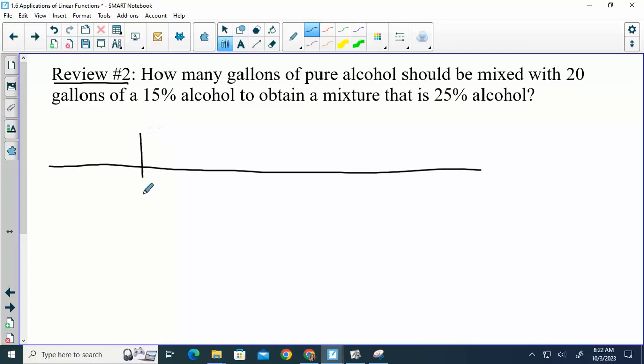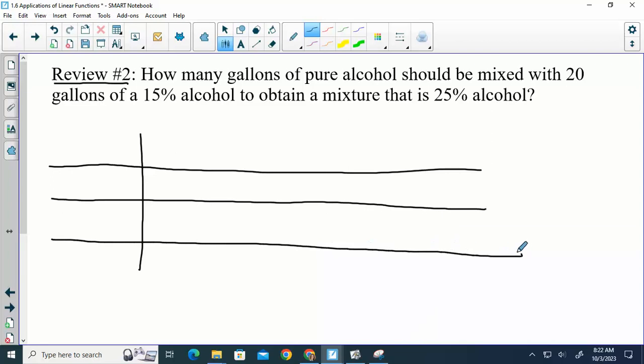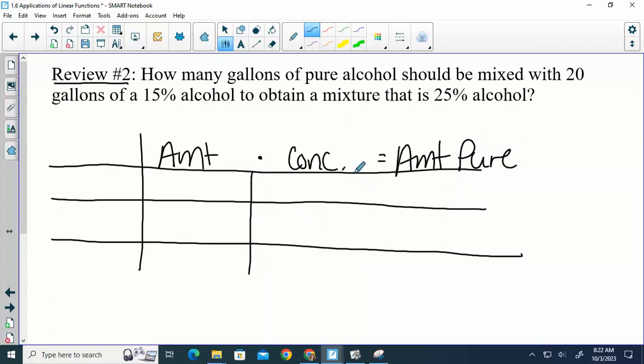So this was our mixture problems. What formula goes across the top? Amount times concentration equals amount of alcohol. Alright, you have to have those labels, John Paul.